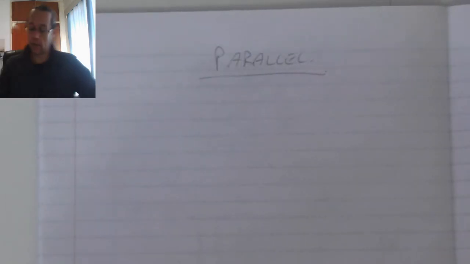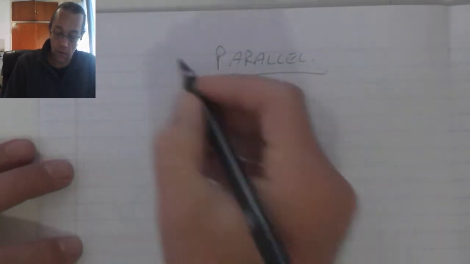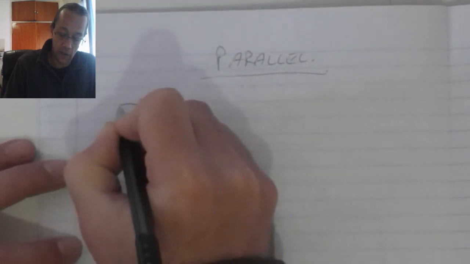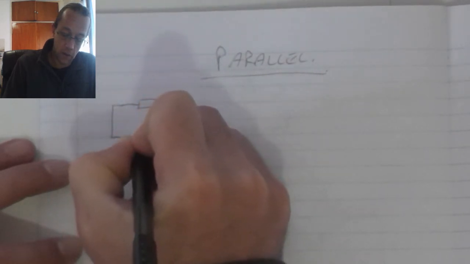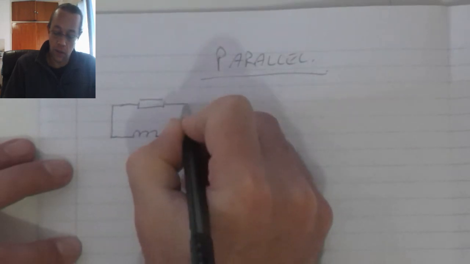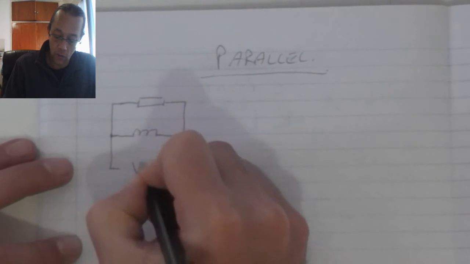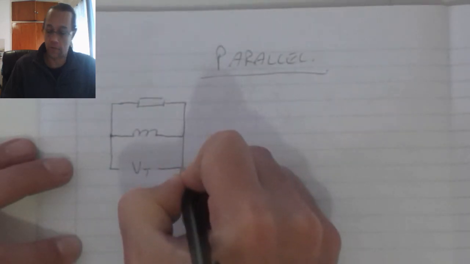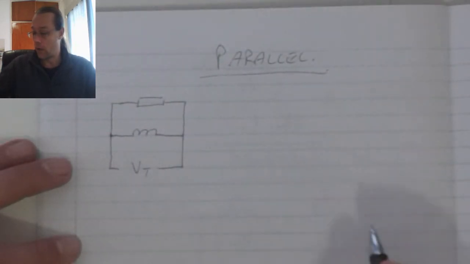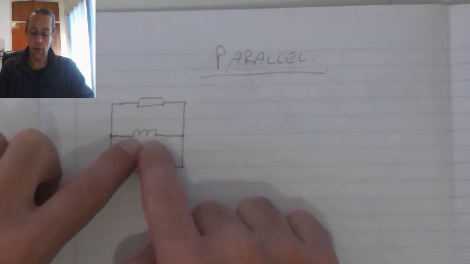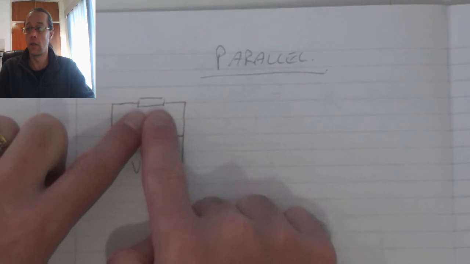When it comes to parallel, we're taking again the resistor, but now we're connecting it in parallel with the inductor, and all of this I'm connecting in parallel with the supply voltage. Now we know that the supply voltage is the same as the voltage on the inductor and the voltage on the resistor.